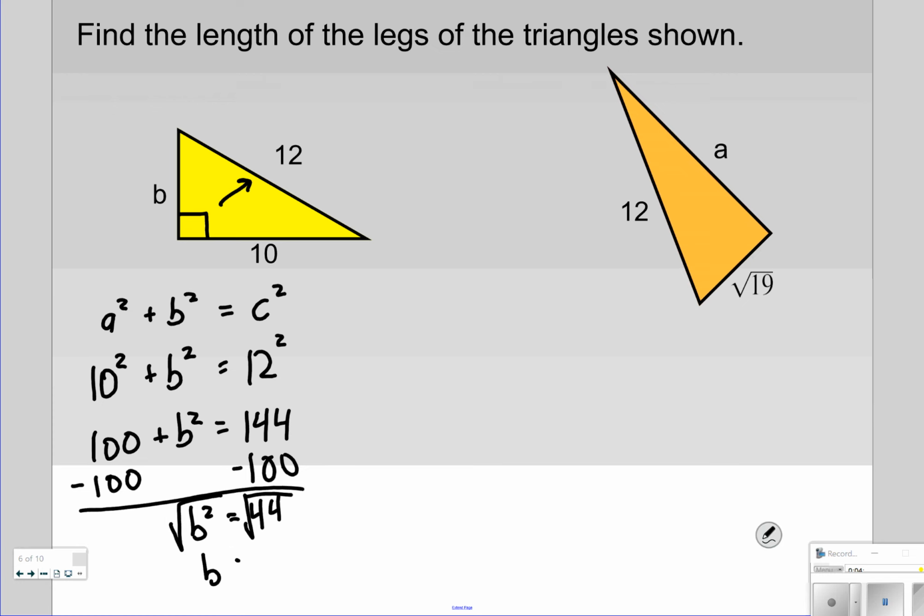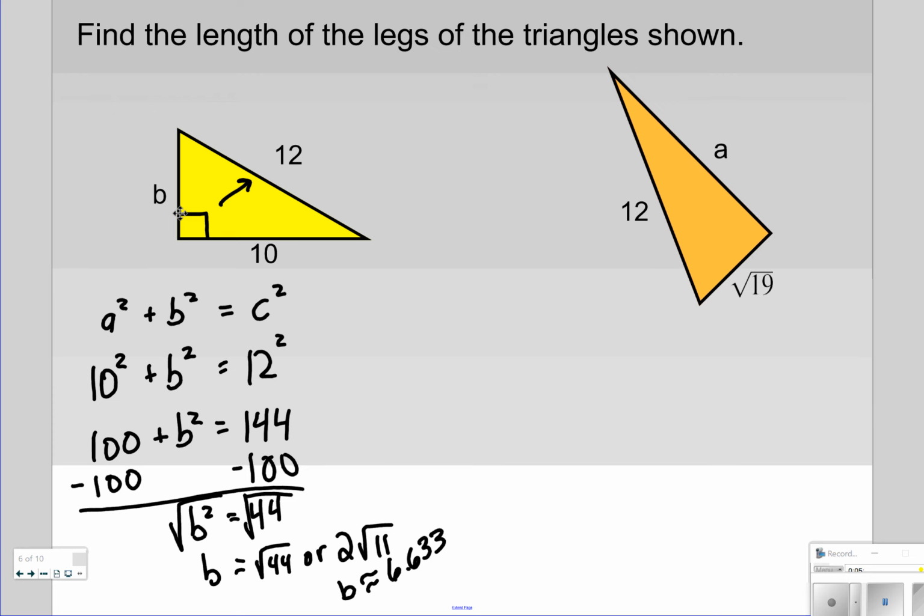So B has to equal the square root of 44, which we know from earlier can be simplified to 2 root 11, because that would be square root of 4 times square root of 11. And if we wanted a decimal approximation, you could say that b would roughly equal 6.633.